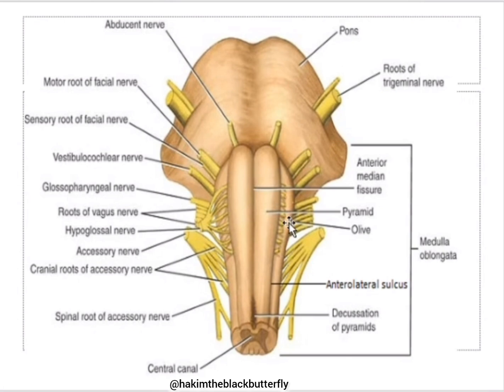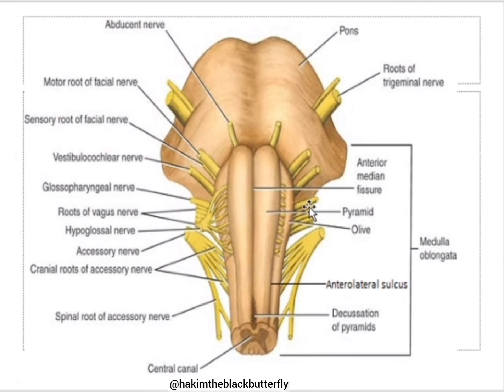Then posterior to the olive, we are going to see different roots of cranial nerves. From top to bottom, or from superior to inferior, we have the root of the abducent nerve. Then we go to the facial nerve. It has a large motor root and a small sensory root. Then we have the vestibulocochlear nerve.